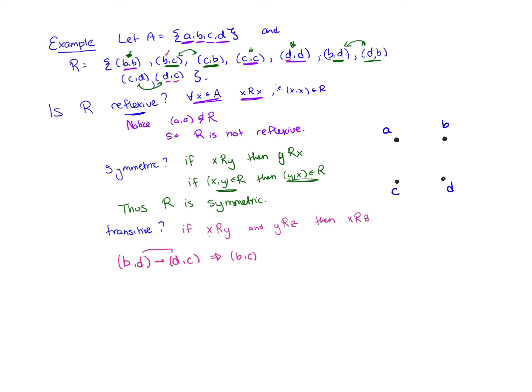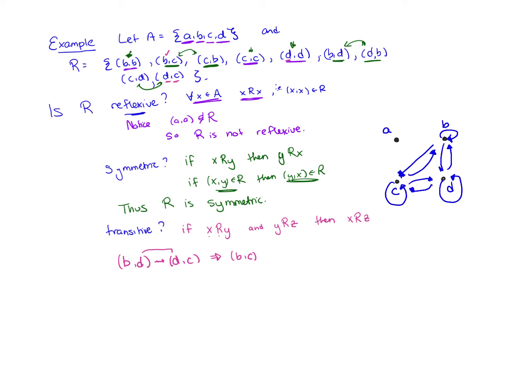I know that B is related to B. B is related to C. And C is related to B. C is related to C. D is related to D. B is related to D. D is related to B. And C is related to D. And D is related to C. So I get all of these arrows here.